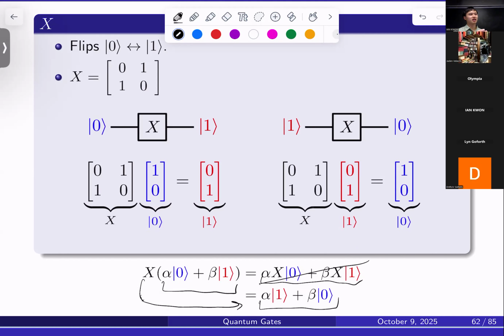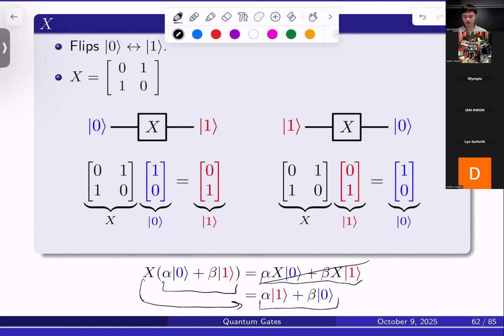When you add them up, the amplitude of measuring a zero might cancel out, because maybe you have minus 1 over root 2 and plus 1 over root 2. So you add these states up, and now you have no zero. Even though there was some probability of measuring it before, after you do this addition there's no probability, which is pretty weird. Classically, if there's some chance I get an apple and some chance I get an apple in another case, considered as a whole there's still some chance I get an apple. But in quantum, it can destructively interfere.